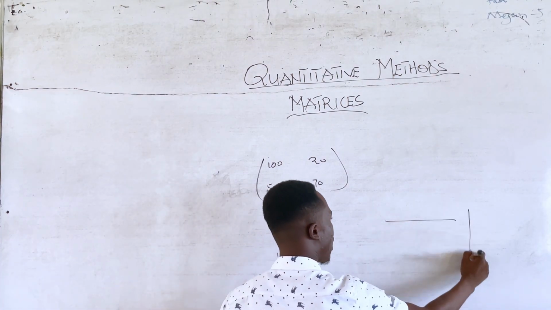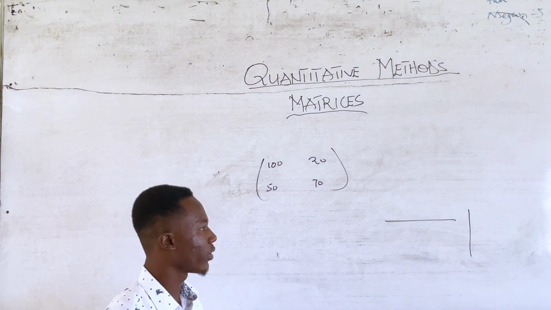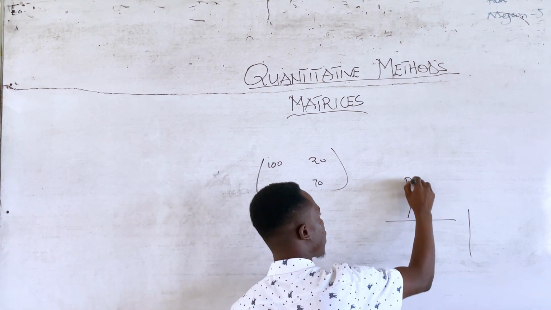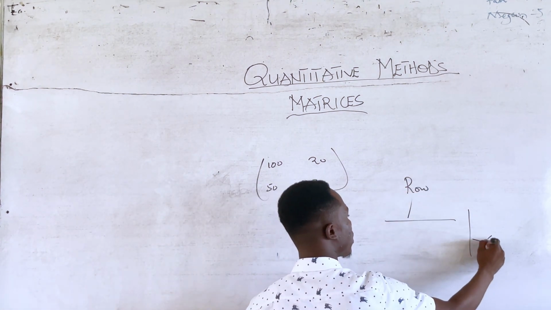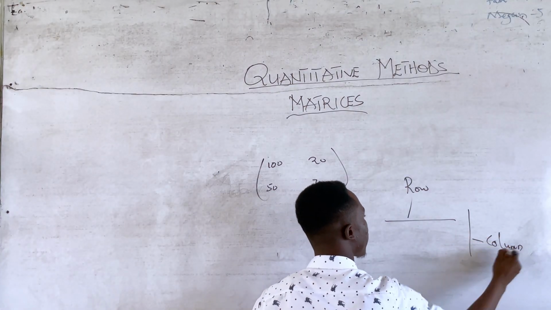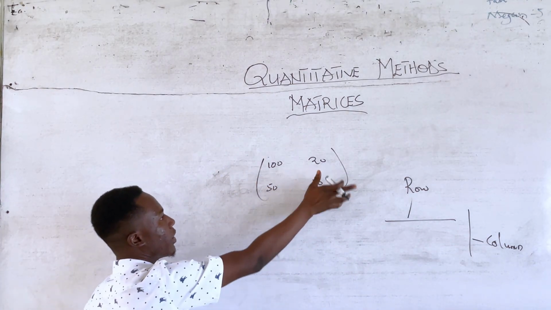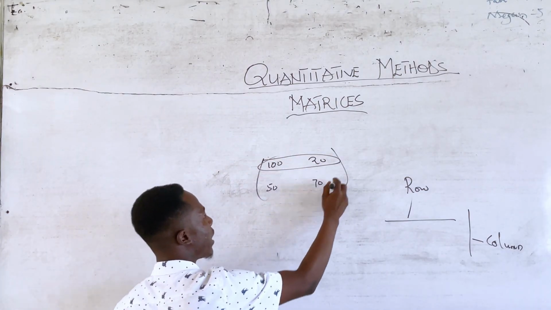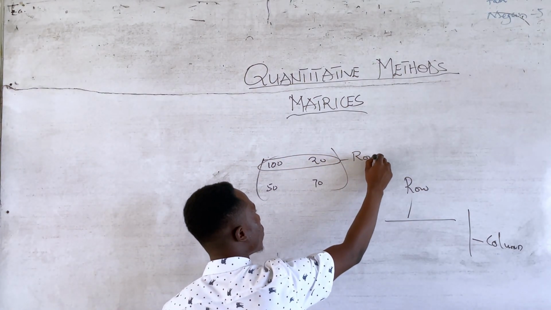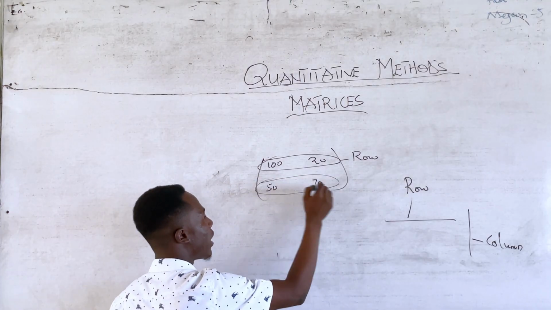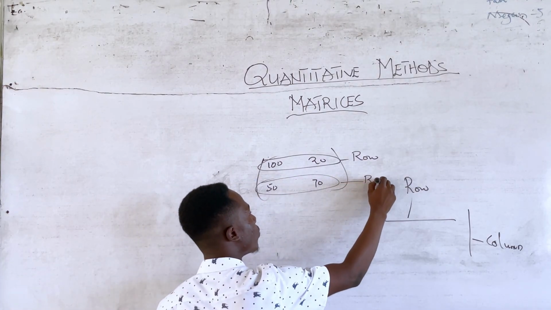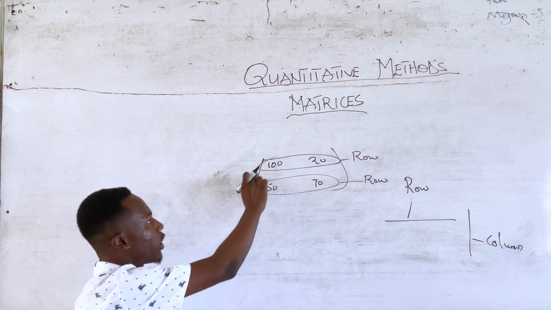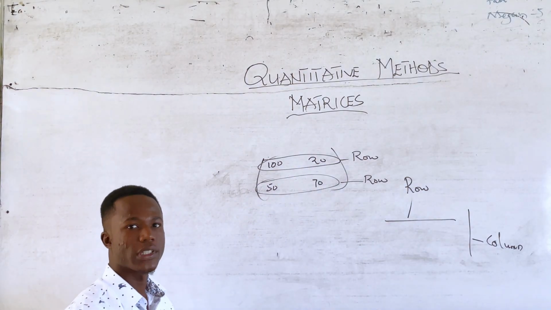And any vertical line represents what? A column, right? So this is a row and this is a column. From this matrix, you can say that you have one row like this. Another row, right? So this is also a row.